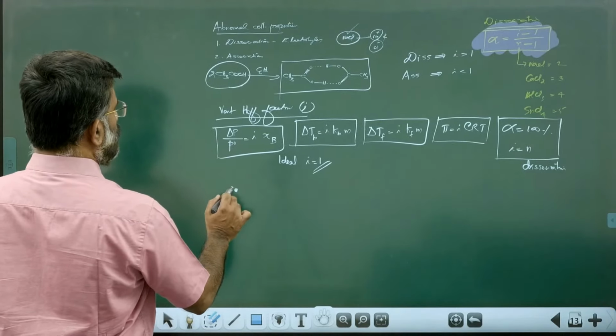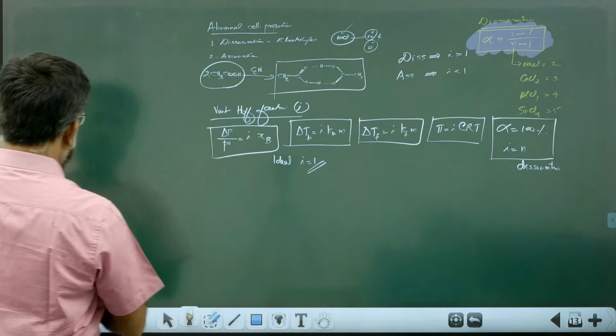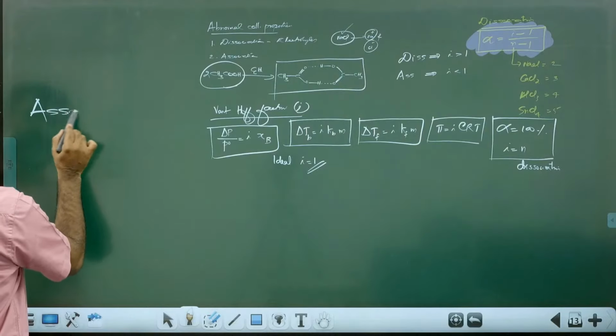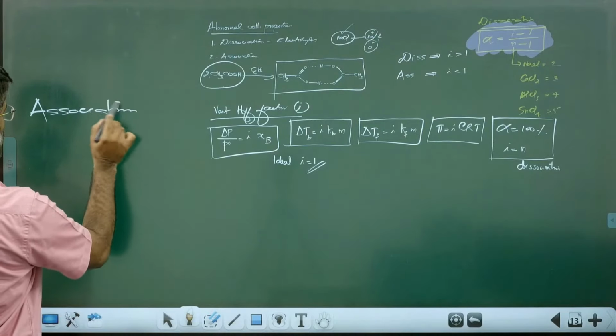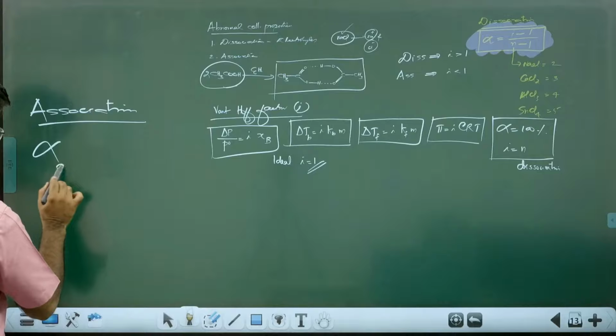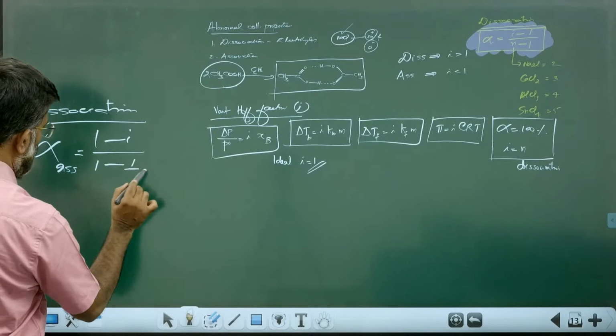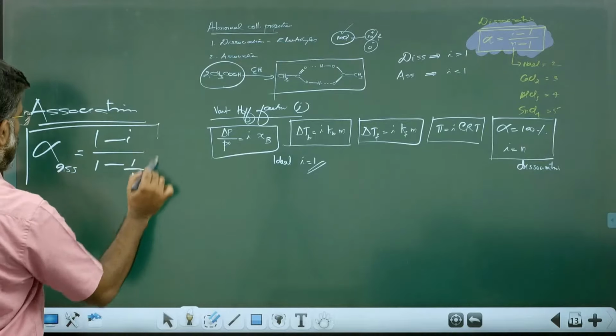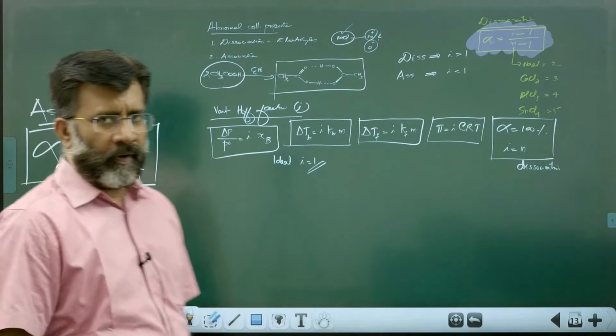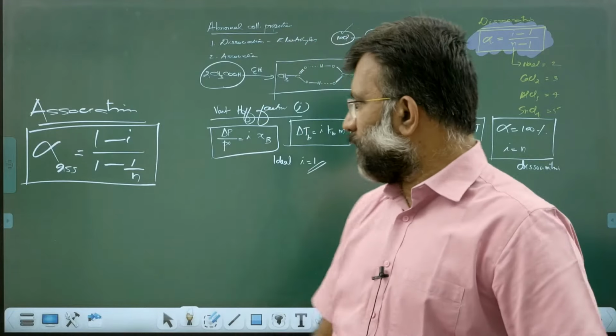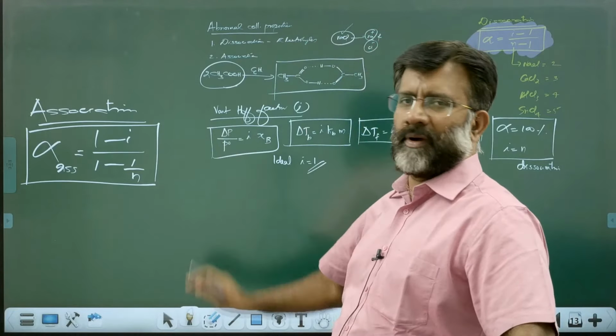What about association? For association, the degree of association alpha is equal to 1 minus i by 1 minus 1 by n.